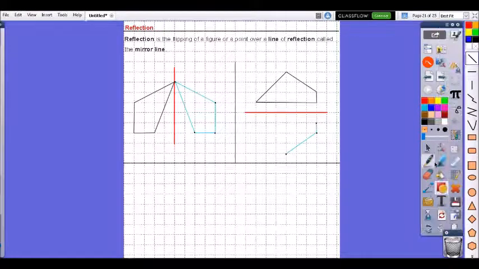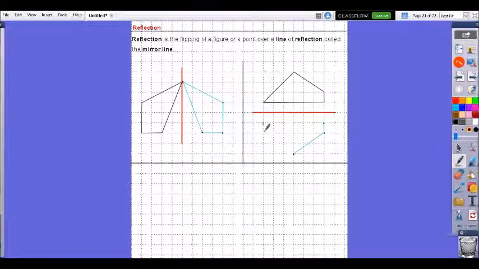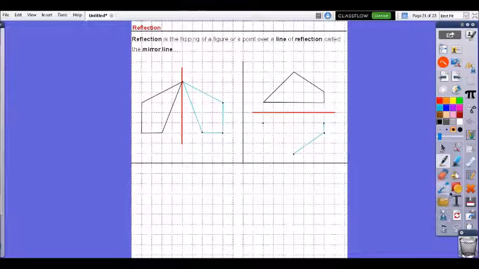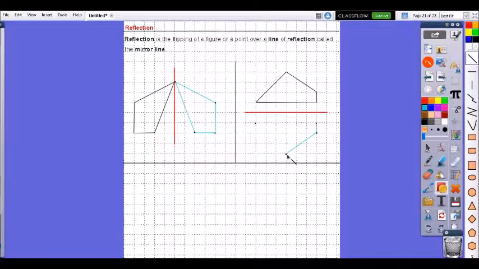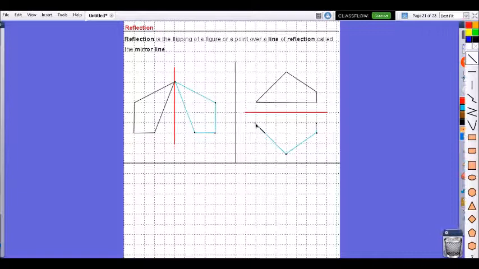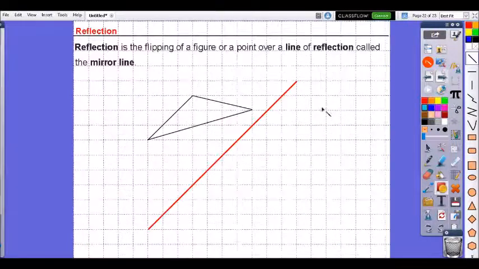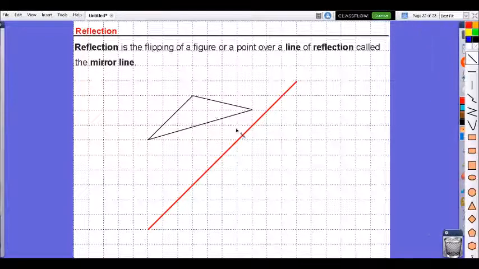Then I'm going to get my pencil again, and I just draw it over here. Now you connect them here, and the last side you draw is here. And this is exactly the reflection of this shape over a horizontal mirror line. The last one over here, if I have a shape that needs to be reflected but over a diagonal mirror line, like this one here, no problem.